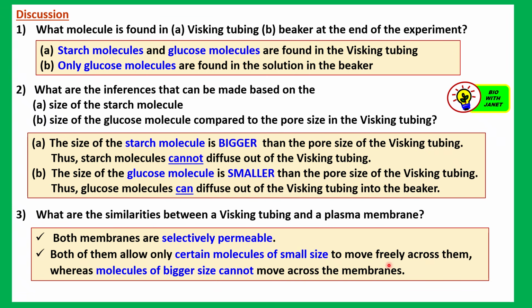This is the definition for a selectively permeable membrane. Please take note of it, as you can be asked to define it operationally also. The molecules of small size that can move freely across are the glucose molecules, and the bigger ones are the starch molecules.